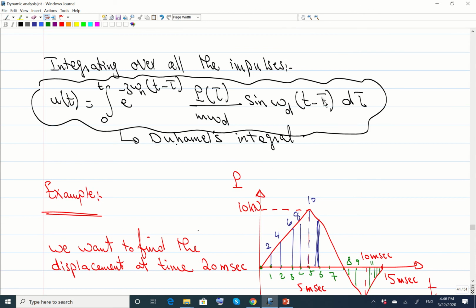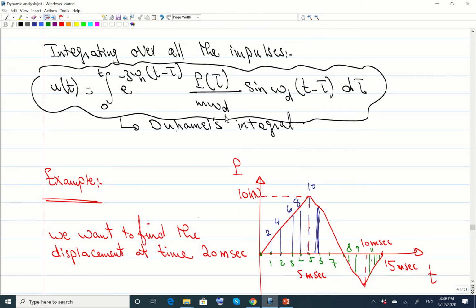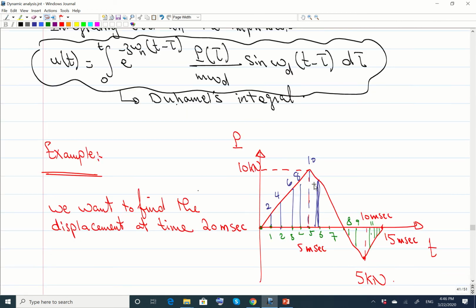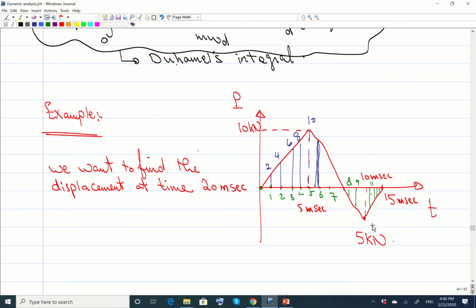Now this Duhamel integral, although it's a closed form like this, it's an integral form, but you can actually do this integration numerically. So how do you do an integration numerically? You have d tau, so d tau is the time step over here. Let's see an example. Let's say you have a force like this.